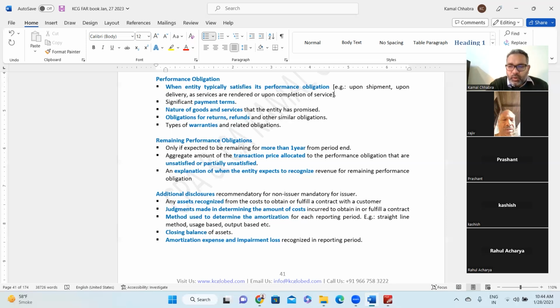The extended warranty you need to disclose separately because it's a separate category of sales. When it comes to standard warranty, or you can say performance warranty, for that you need to recognize the obligations. And financial warranty you need to give as a disclosure in the notes to accounts, right? Any doubt on the performance obligation? What all disclosure we need to make? So far, so good.